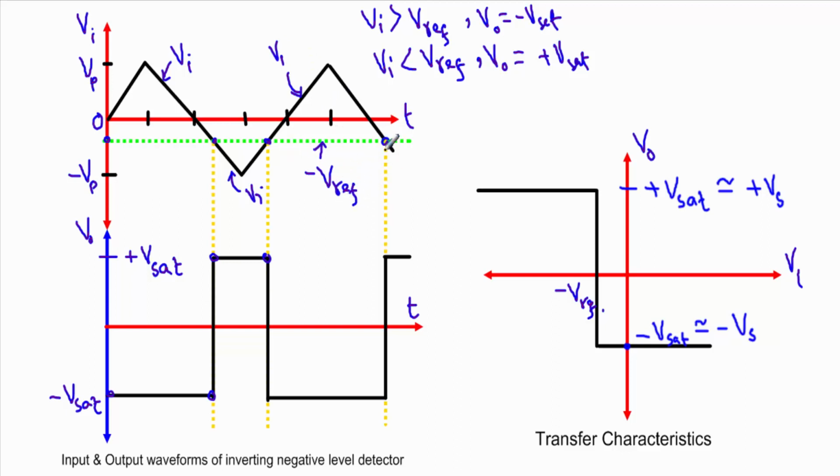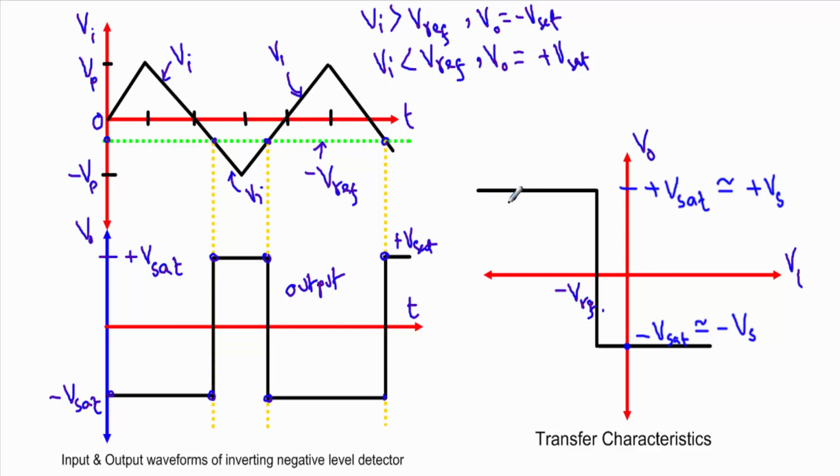So within this interval, our operational amplifier will be in negative saturation, and when this input voltage crosses this negative reference voltage again, there will be a transition of output voltage from negative to positive saturation. So this is the input, this is the output, and this is the input waveform of the negative level detector circuit.